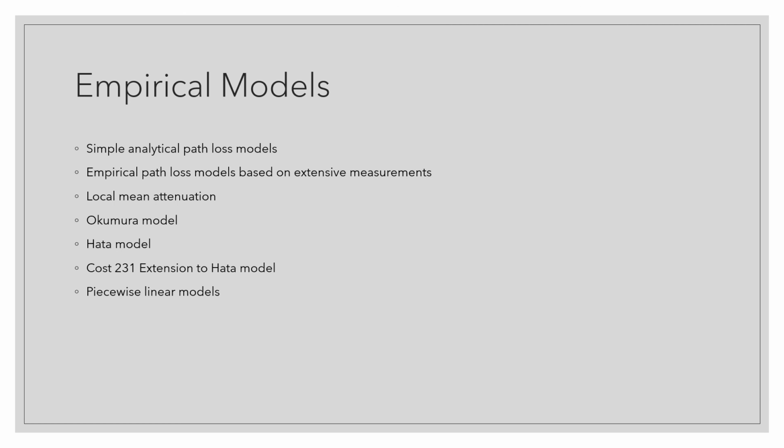And the next one is the COST 231 extension to the Hata model. Basically it extends the Hata model to 2 GHz and to lower mobile antenna height. This model is widely used in 2G simulation. The last one is piecewise linear models. It captures multiple slopes associated with path loss.